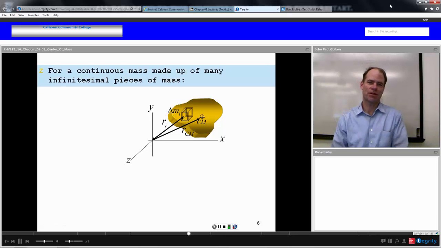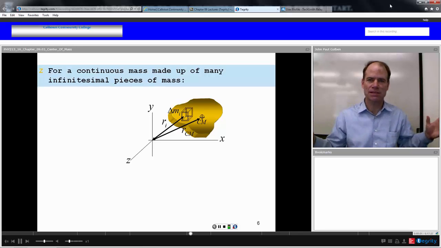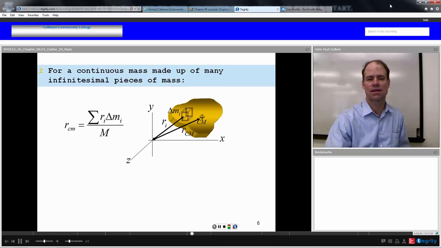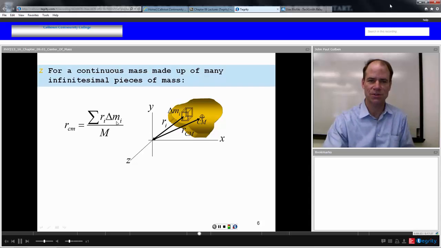What would happen, though, if we had a continuous mass made up of many pieces of infinitesimal size? We can sum up the position times the mass for every little bit of mass on this uniform continuous piece of mass, sum up all those weighted contributions, divide by the total mass, and we would get the center of mass of that continuous distribution.